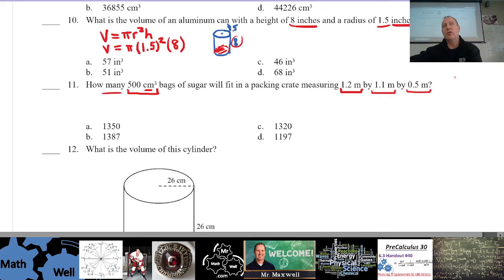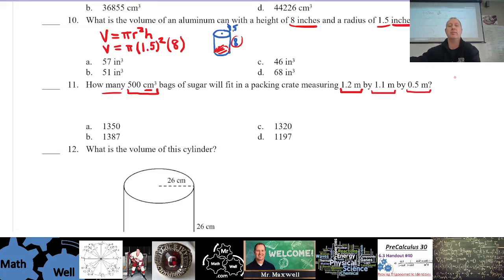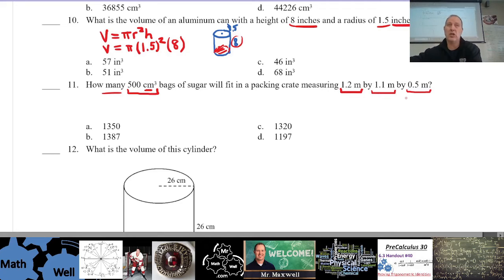Okay, so some of you have been asking me during quizzes and even tests sometimes, how many centimeters in a meter, stuff like that. You guys need to know that, okay? Those basic conversions, write that on your cue sheet, study that up, okay? So make sure you know that.